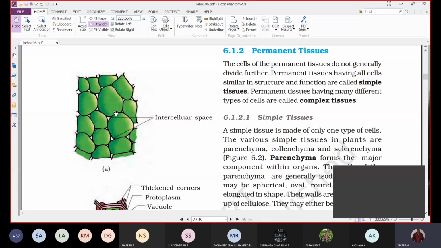But when you observe the parenchymal cells present in the cortex or medullary rays or pith, we can observe some intercellular space between the cells. And even in the mesophyll of the leaf, we'll find parenchyma cells with intercellular spaces.